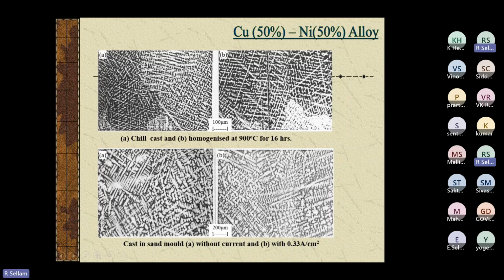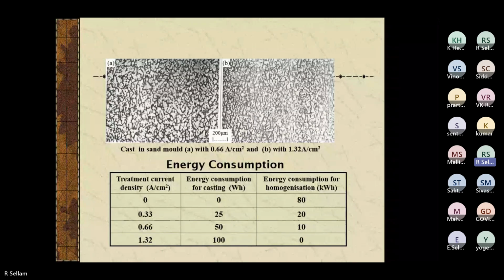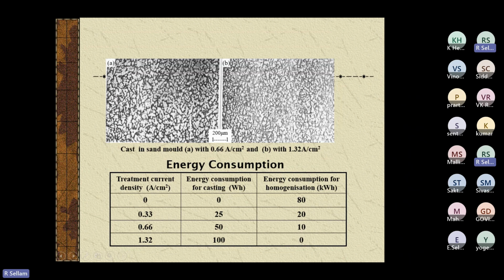Cast in sand mold without current and with a lower amount of current, it is mentioned here. It can refine because of the faster rate of heat transfer that is shown in the cooling curve earlier. Further, with increasing current, there is breakage of the dendrites and finally refined dendrites. In the energy consumption table, treatment current density is gradually increasing, and energy consumption is gradually increasing.